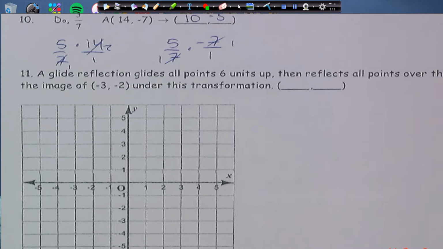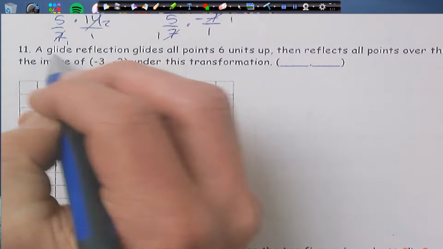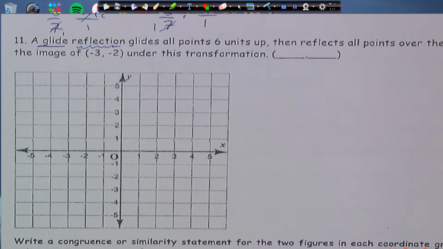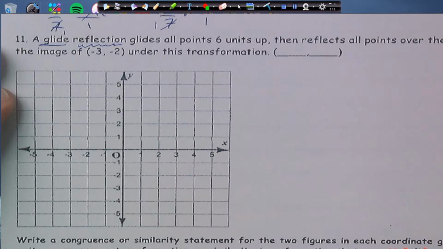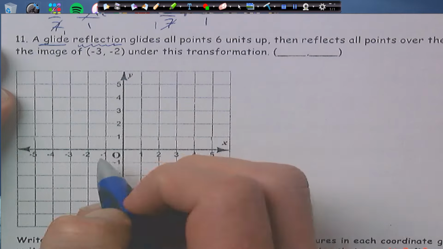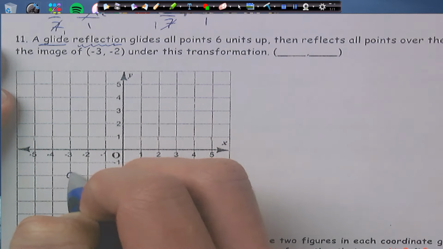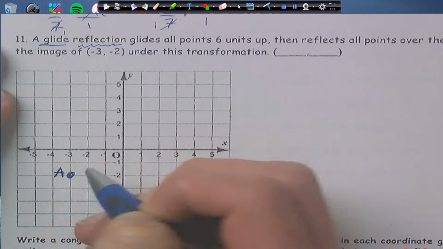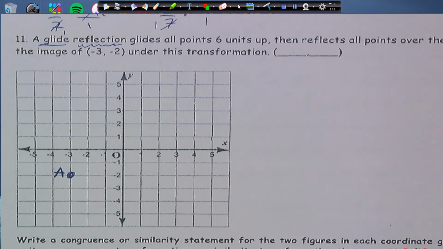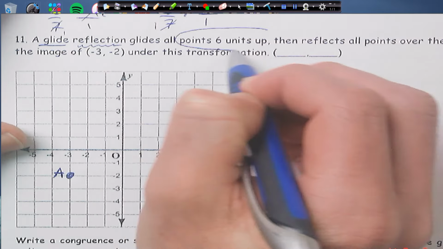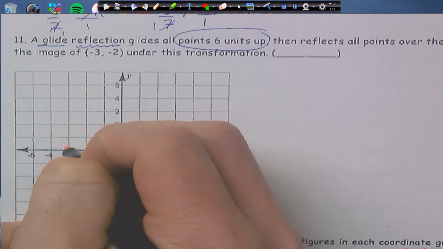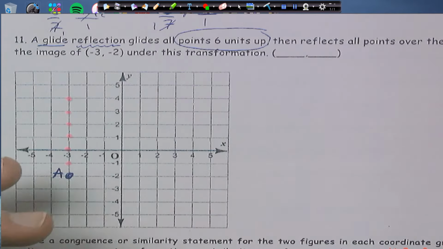Next, we have a glide reflection. The word glide means we're going to translate first, and then we're going to reflect. So we start out with the pre-image, which is negative 3, negative 6, so negative 2. So we're going to start right here. Just to help, I'm going to call it A. It doesn't call it A, but I'm going to call it A. And first we're going to go ahead and do our glide, and it says all points up 6 units. So we're going to go up 6 units. 1, 2, 3, 4, 5, 6.